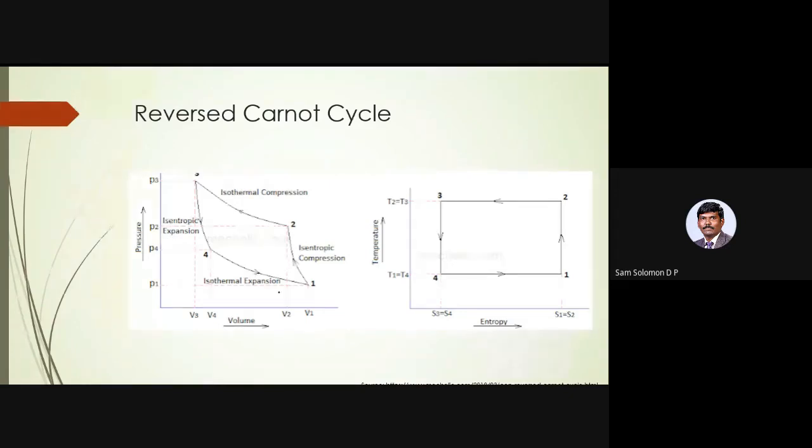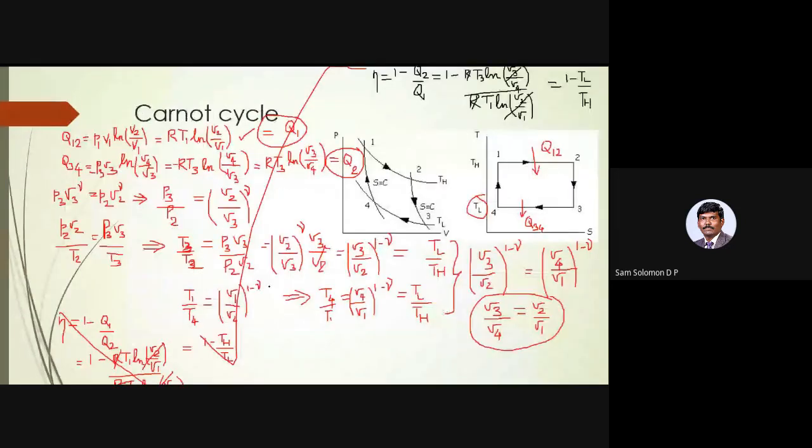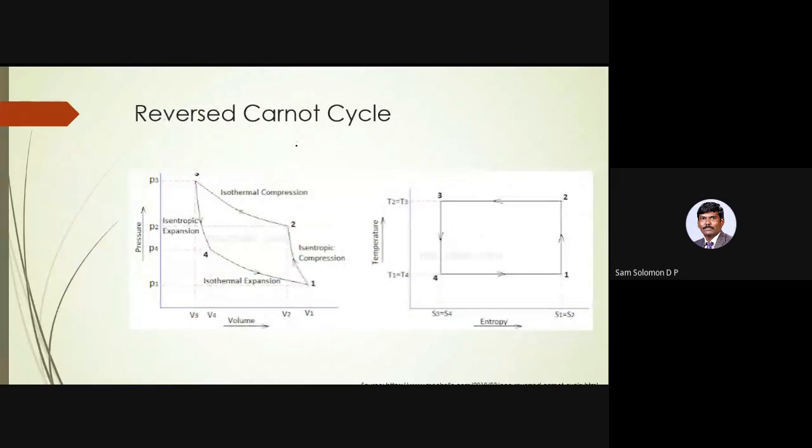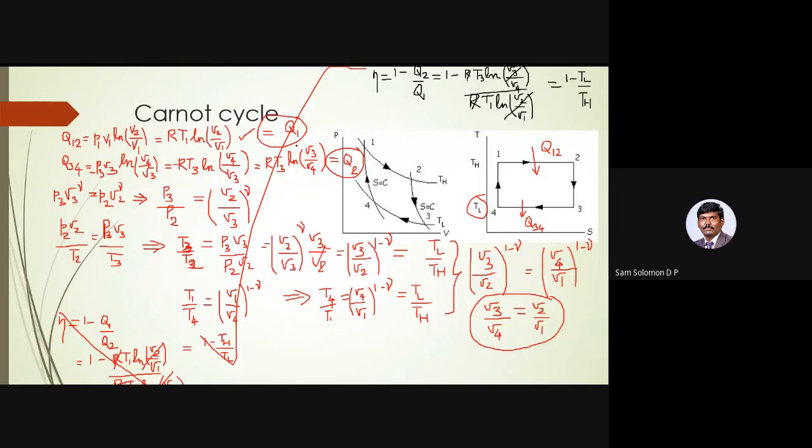Okay, so when I said Carnot cycle, it is the heat engine works on the Carnot cycle. Then your reversed Carnot cycle, you can understand that the refrigerator and the heat pump works on a reversed Carnot cycle.